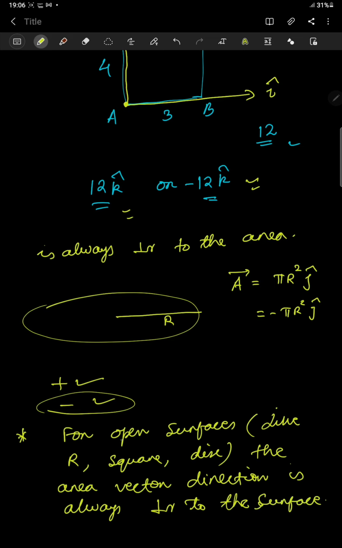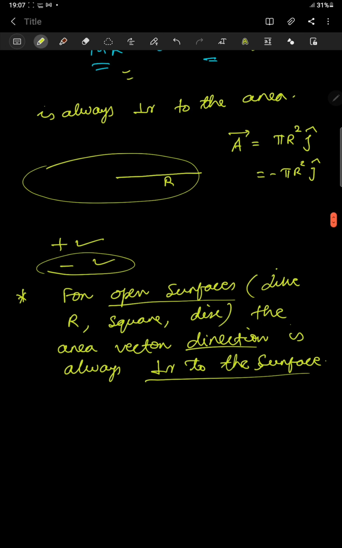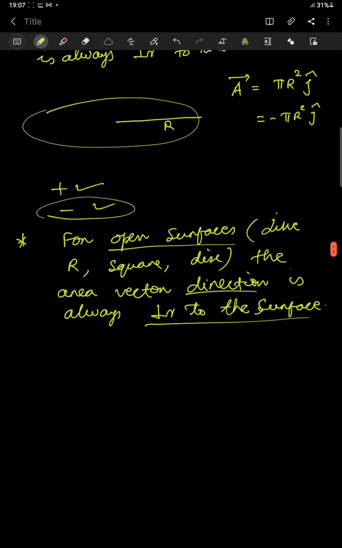Okay, this is very important. For an open surface, the direction will be perpendicular to the surface. The way I have told you about open surfaces, do we have something called a closed surface?